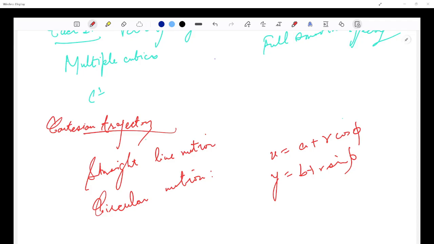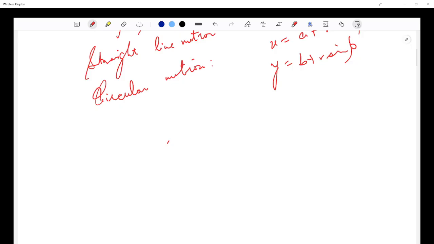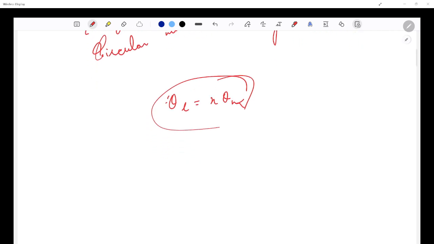Okay, after this, single link model, I hope you have already gone through. It basically consists of motors, gears, motor gears and link, right? So your relation for the gears is like this, where n is the gear ratio.